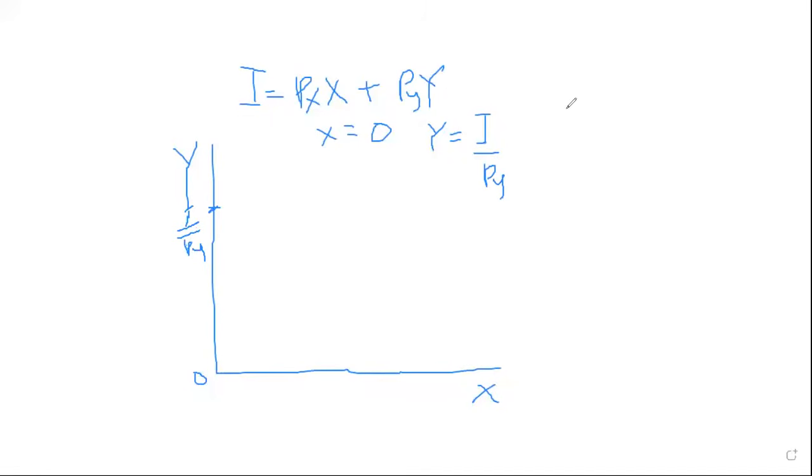For the second point, if Y is 0, what will be the quantity of X consumed? The consumer is going to consume the income divided by the price of X. So I have another point there.